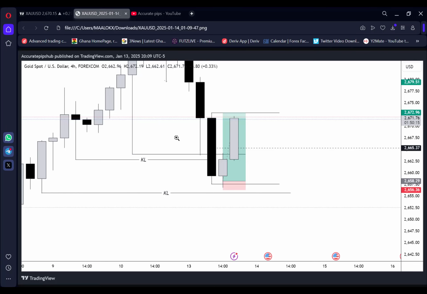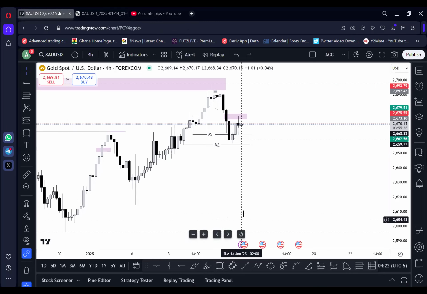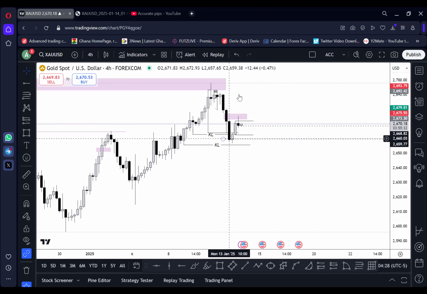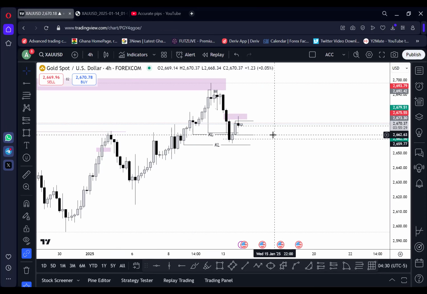So let's dive into the setup. Actually, this is the picture of the trade. So let's go to the chart itself. This is the live chart. So currently, this is the trade I took. The trade I took currently has TP1 already achieved.